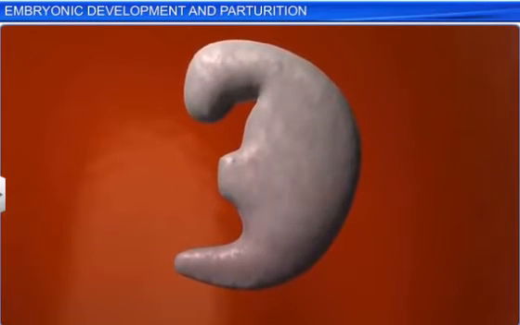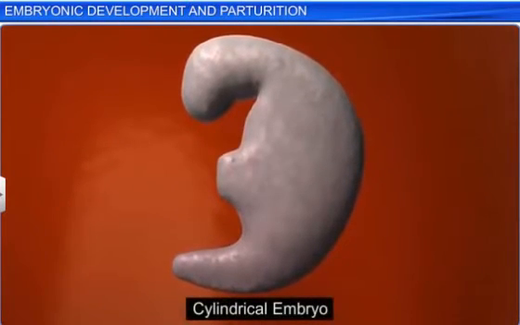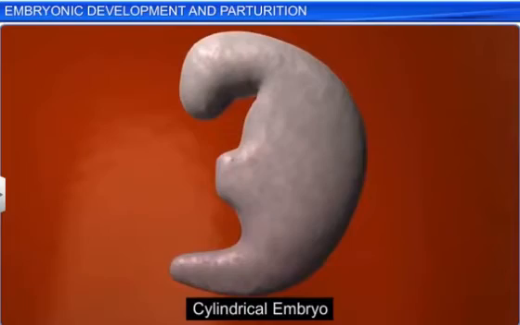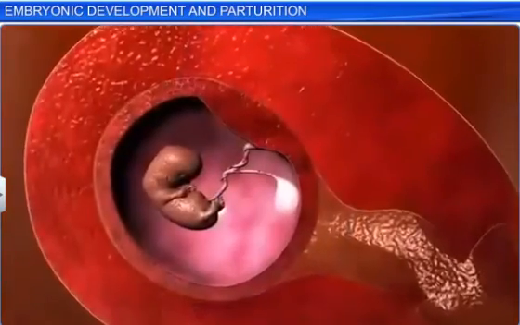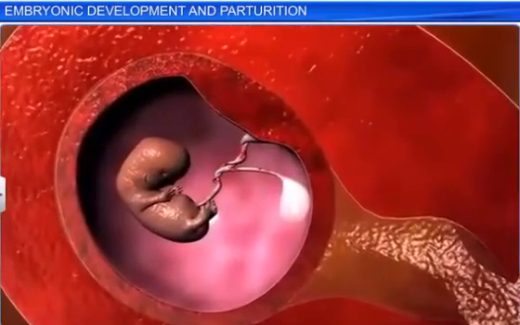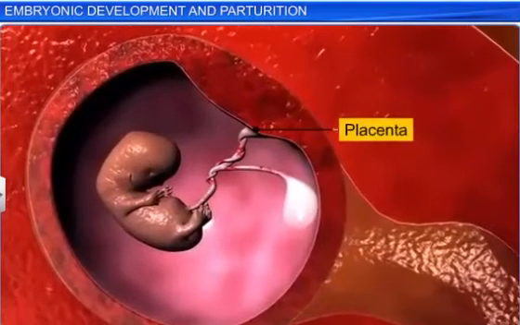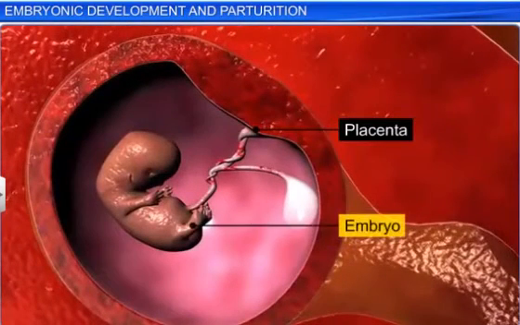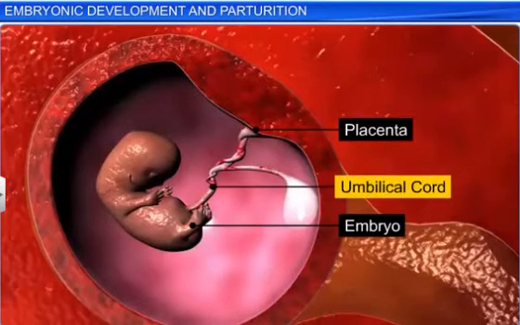This causes the disc to roll and form a cylindrical embryo. Initially, this embryo is attached to the placenta, but as it starts to develop, it moves away from the placenta and remains connected to it via an umbilical cord.